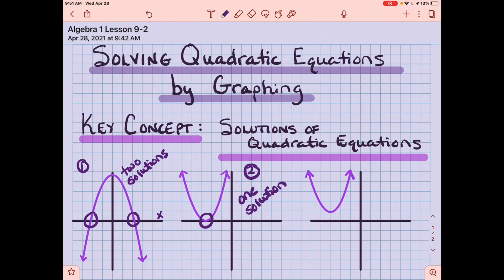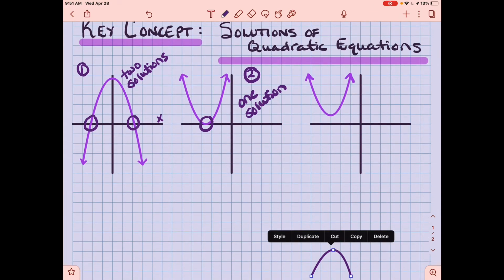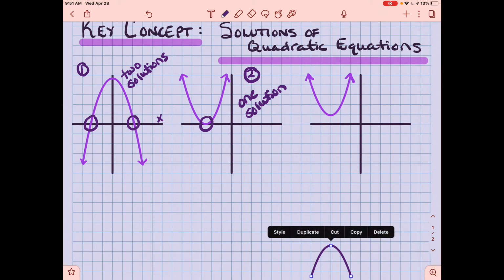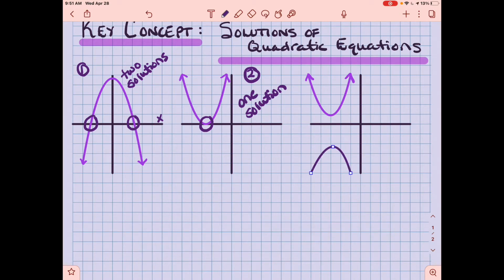And in the third situation, we're going to see our parabola floating in the air, either that or potentially down below, looking a little like that. Whoa, hang on, let me get that. There we go.